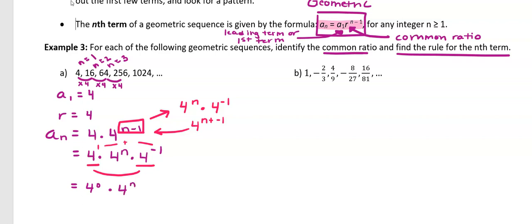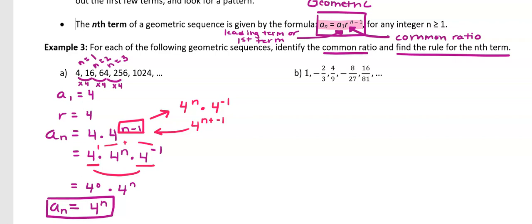And it's 4 to the 0th because 1 plus negative 1 is 0. Now we know that anything to the 0th power is really just 1. So what we're left with is really just 4 to the n power, and that is going to be our simplified geometric sequence for example A.